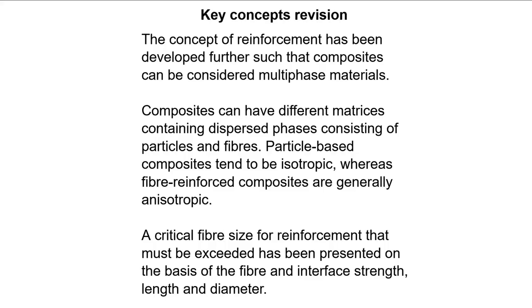This description serves to explain why anisotropy is diminished for short, randomly oriented fiber-reinforced composite materials. Furthermore, a relationship between fiber and interfacial fiber and matrix strength, length, and diameter has been established on the basis of loading direction. All of these aspects are important moving forward to the next lecture, which will focus on the mechanical aspects of composite materials.